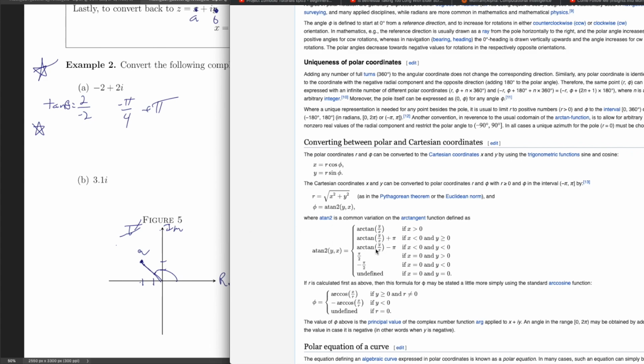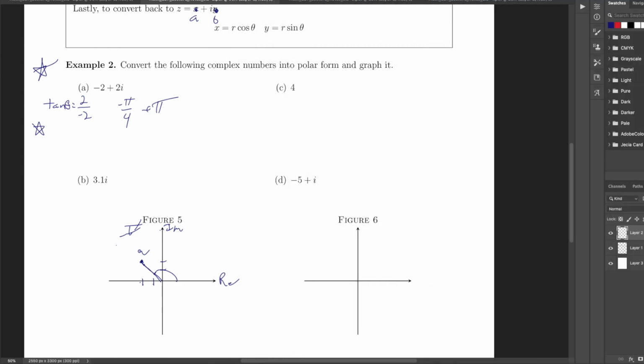If x is negative and y is negative, you take the arctangent and subtract pi from it. And if x is 0, it depends on your y. In this case, this will be our a, and this is b. This wouldn't be a terrible thing to have, nice and comfortable with you. So this is just one way of doing it, or you can just do what I do and figure it out. But I figured this one's fun enough as is, so let's just use that.